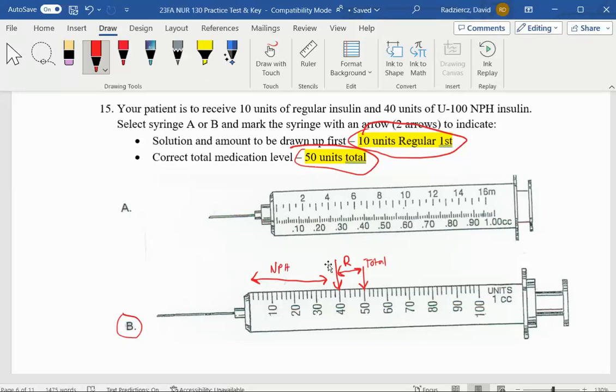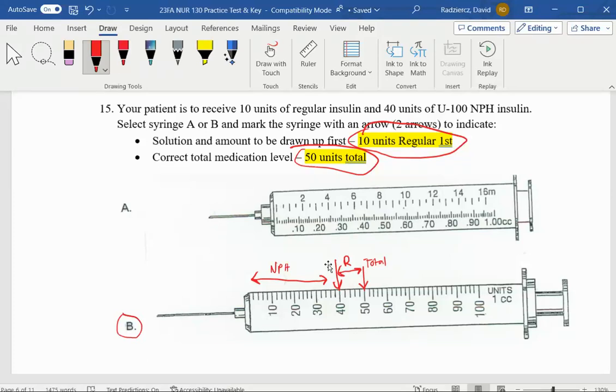And then for the question about insulin, I have it here. What I wrote there and highlighted in yellow, I always recommend that you write down, especially if it's a paper test, so they know specifically that you have the solution, regular, the amount, 10 units, that it's going to be drawn up first, and that you write your correct total medication, 50 units total.